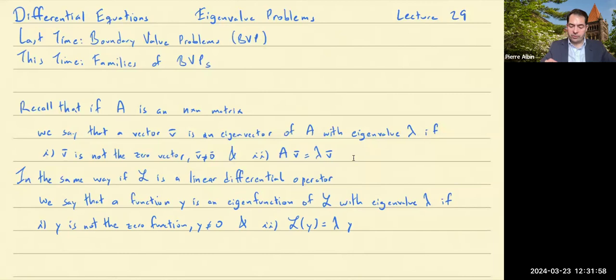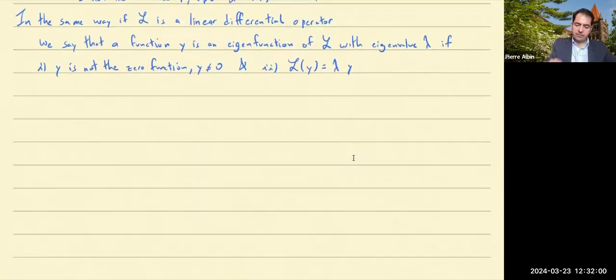If there is an eigenfunction for a given eigenvalue, then there are infinitely many.